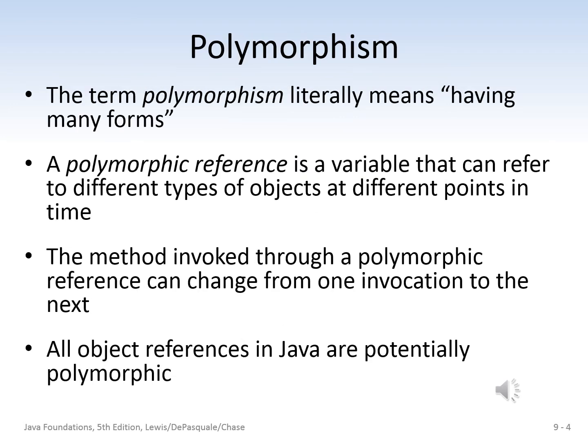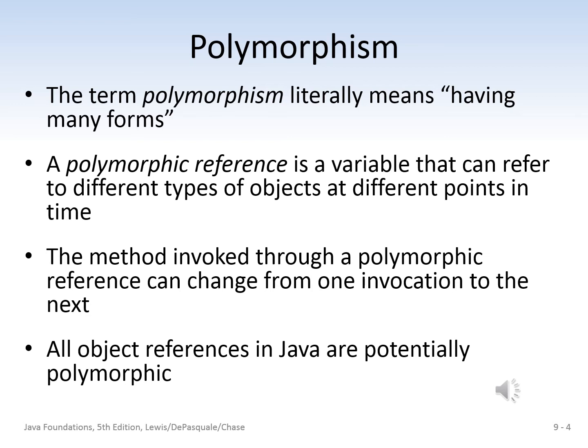As I mentioned at the beginning of this lecture, the term polymorphism literally means having many forms. A polymorphic reference is a variable that is able to refer to different types of objects at different points in time.